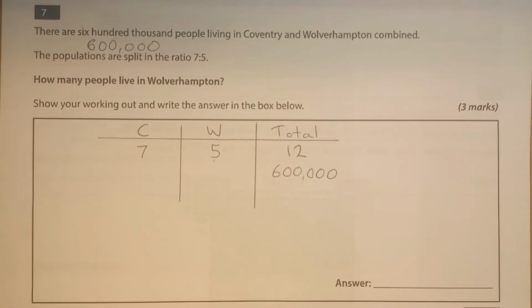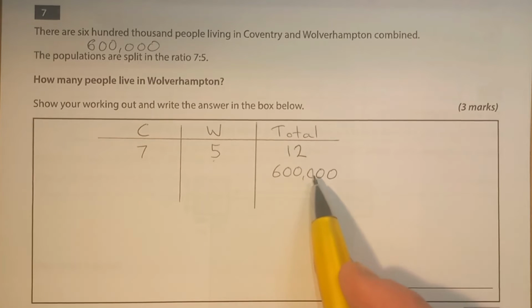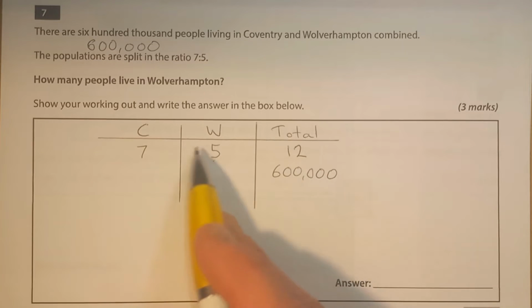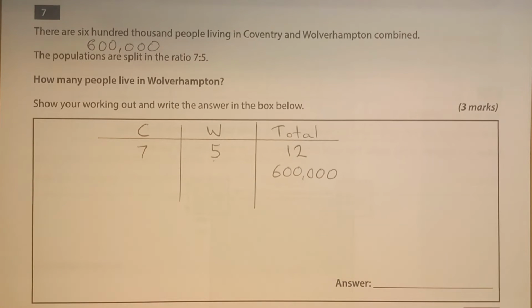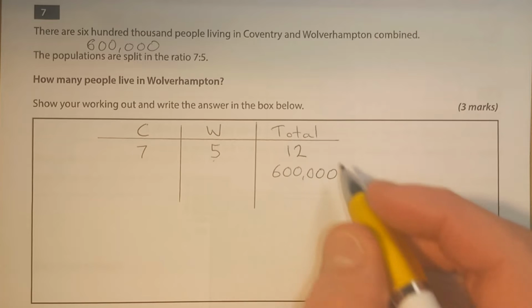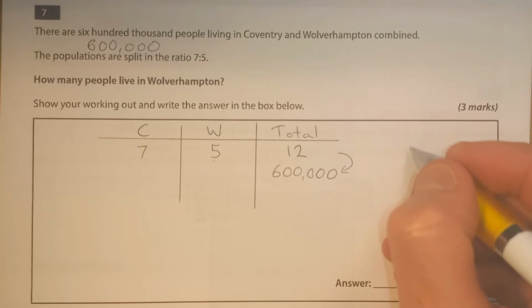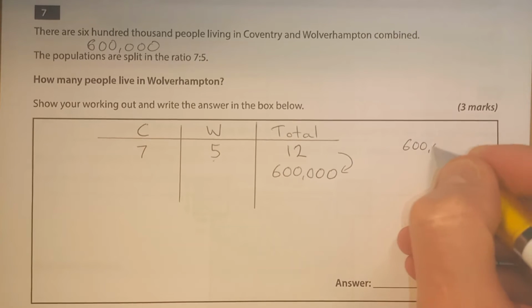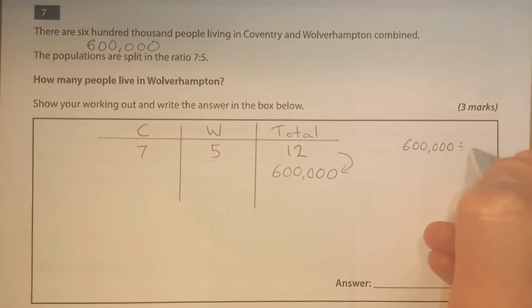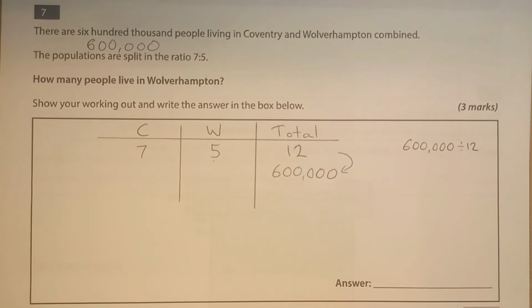When we're doing these ratio tables, we're trying to find the column that's got 2 digits in, because this is going to help us to update these numbers. So we want to know, how do we get from 12 to 600,000? Or think of it backwards. Think 600,000 divided by 12.